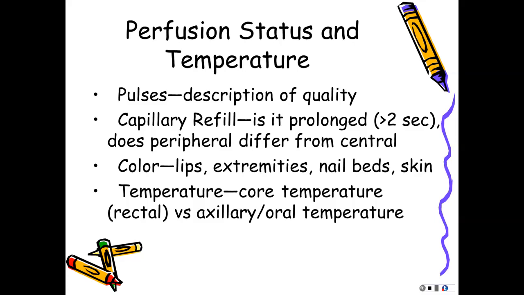You check beds of the fingers or palms of the hands, the bottoms of the feet. When you're checking the central cap refill, anywhere on the trunk, but you're looking for immediate cap refill. If you start to have prolonged, that's your first symptoms, other than tachycardia, that you're starting to have issues with perfusion.